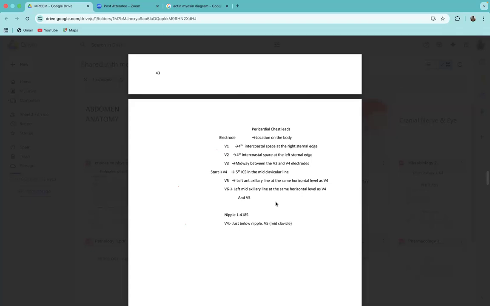So if we are to summarize the chest leads, we place two leads on the fourth intercostal space: V1 on the right sternal edge and V2 on the left sternal edge.